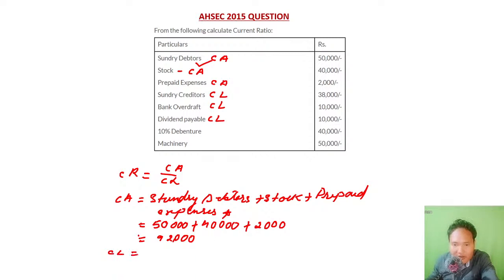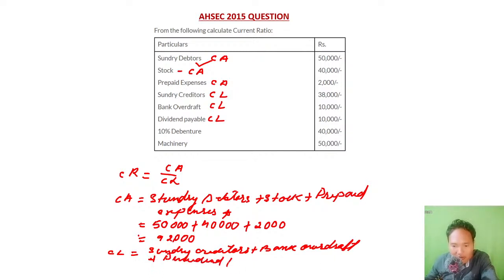Current liabilities is equal to sundry creditors plus bank overdraft plus dividend payable.